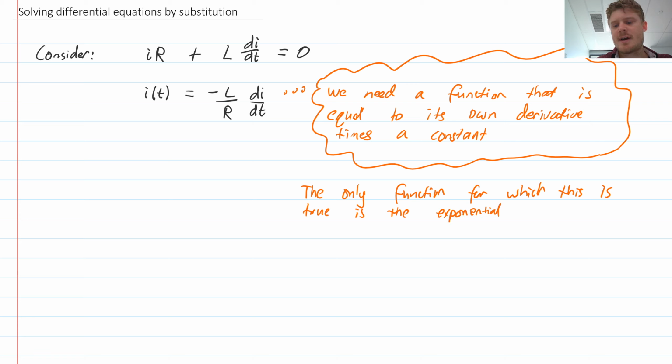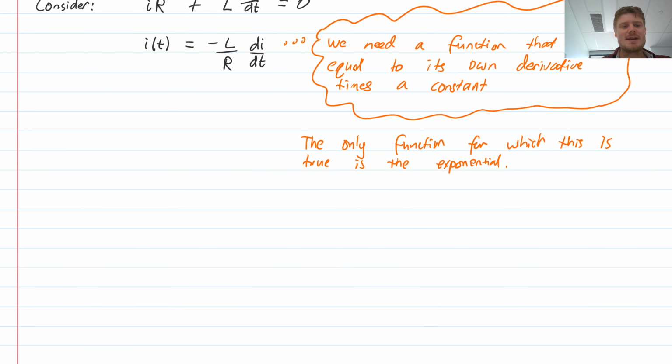Think to yourself, you have polynomials, you take the derivative, it's no longer proportional, the power changes. Trig functions, sine changes to cos and so on. The only thing where the shape of the function stays the same, but you get some constants out the front, is the exponential. So we can take a fairly informed guess.